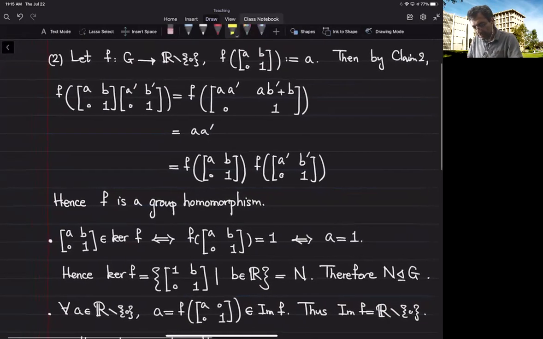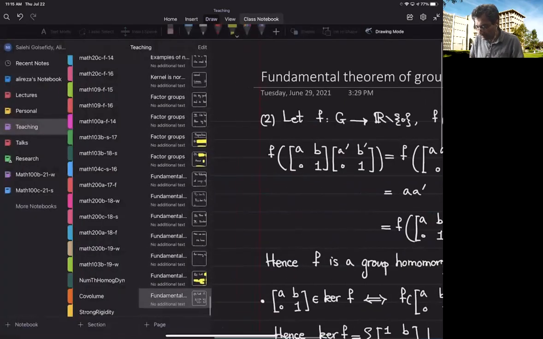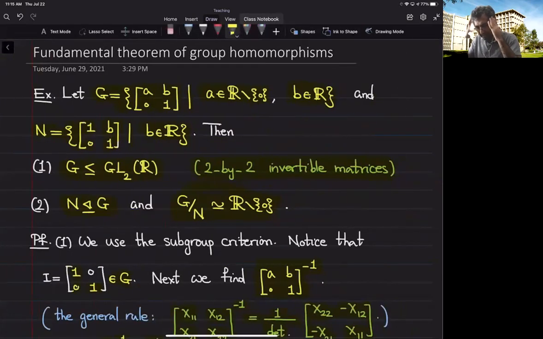But let's look at this. Let's go back here. So I am asking myself, can I come up with some homomorphism so that the kernel of that homomorphism is N? Now, what is N about? N consists of every element here where A is 1. Okay, so the condition is A is 1, and I want to put it inside the kernel of something.